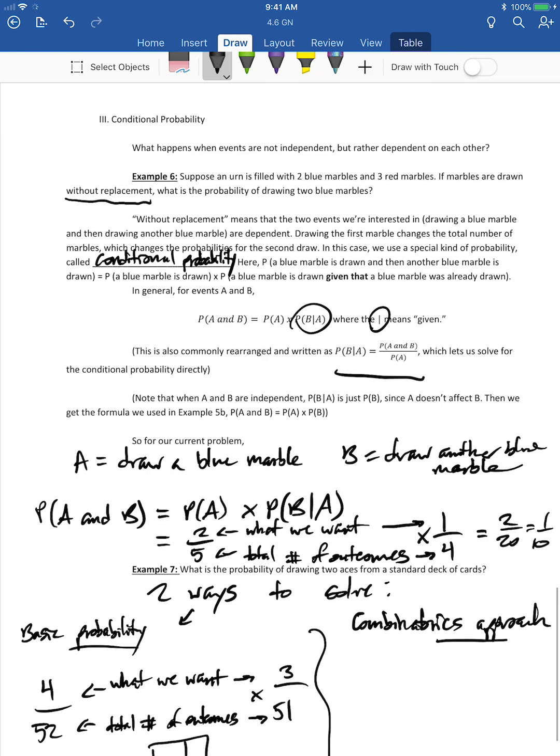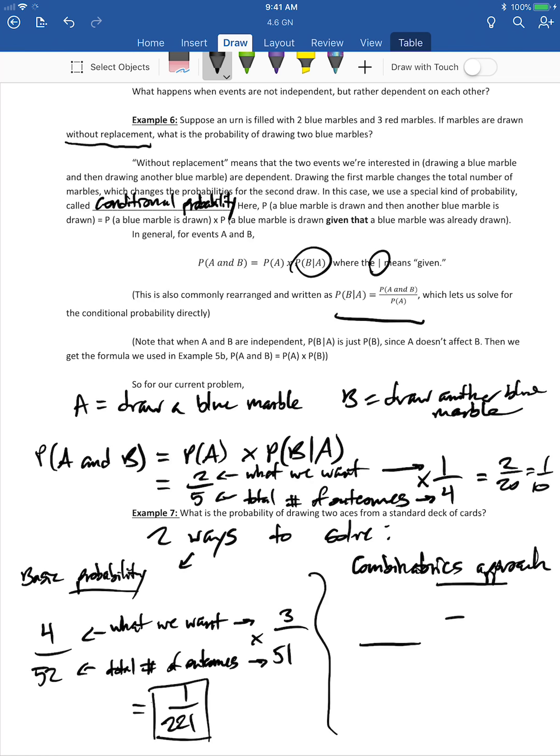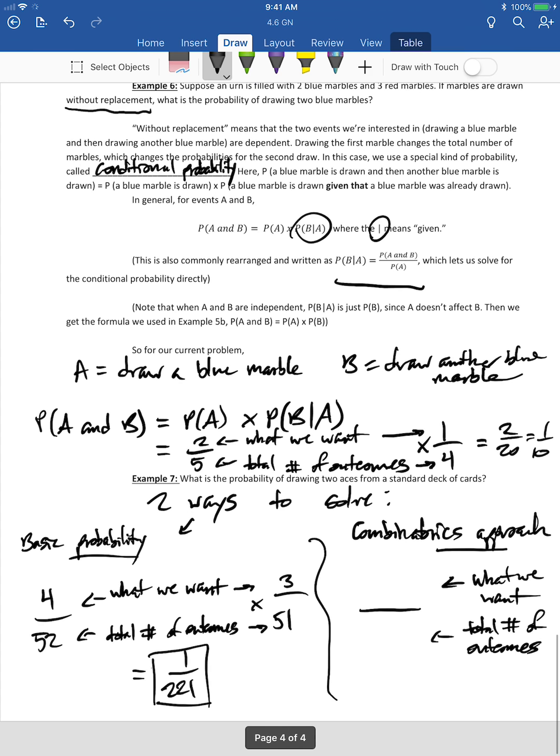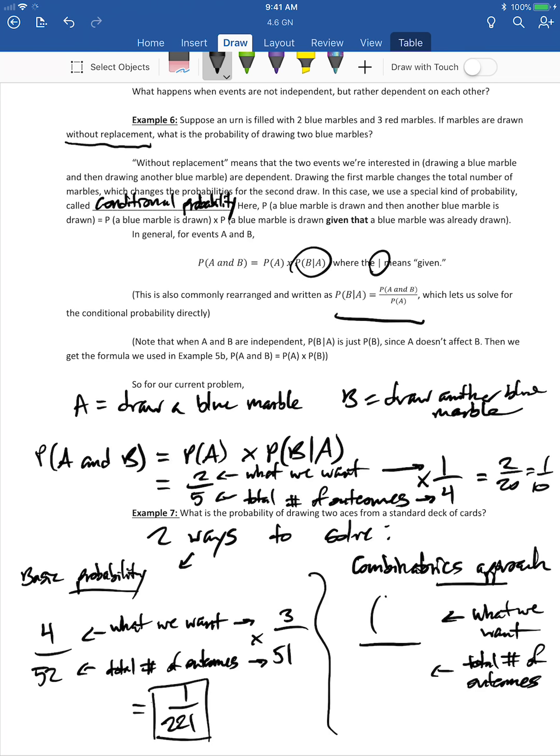So just like all probability, this never changes. I have what I want over the total number of outcomes. So what I want is to draw 2 of the 4 aces. 4 choose 2. I want 2 of the 4 aces in the deck.